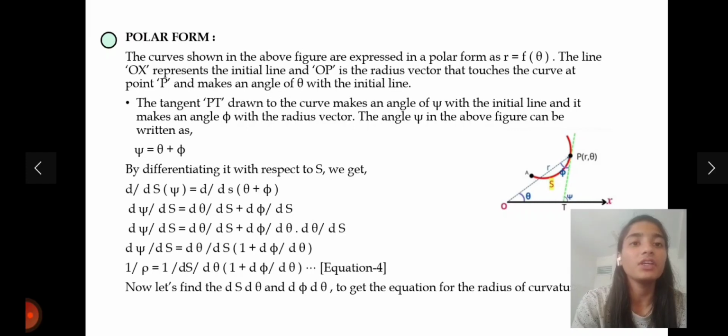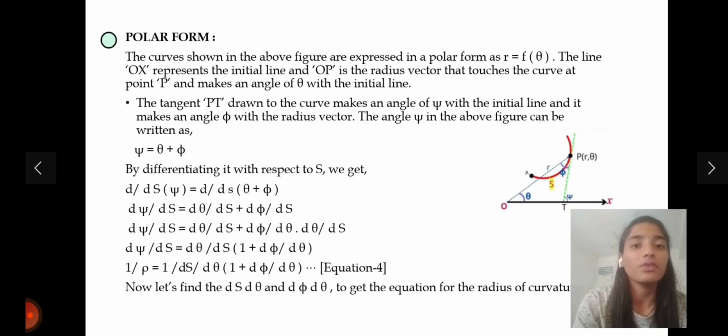By differentiating it with respect to s, we get d by ds of psi is equal to d by ds of theta plus phi. d psi by ds is equal to d theta by ds plus d phi by ds. d psi by ds is equal to d theta by ds plus d phi by d theta into d theta by ds. d psi by ds is equal to d theta by ds into 1 plus d phi by d theta.